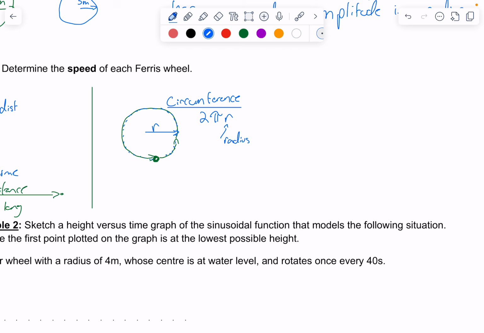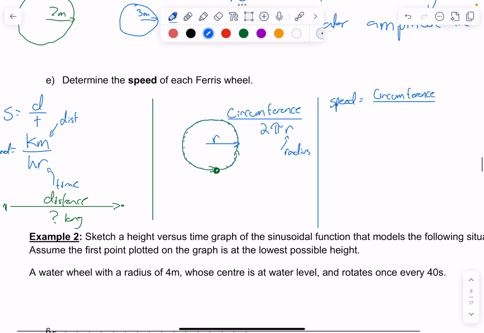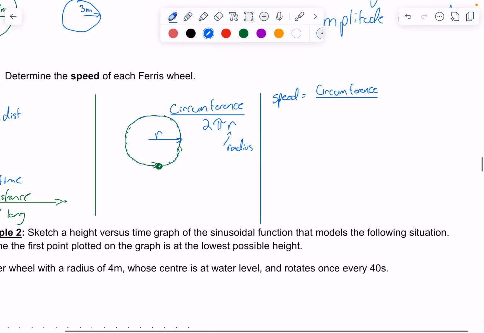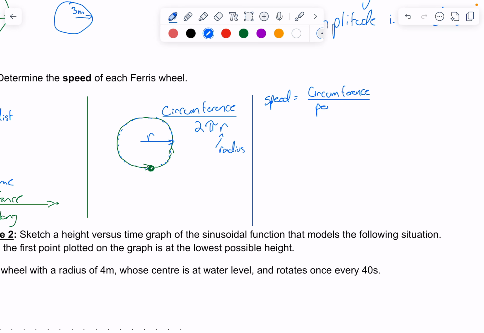So in these problems, when you are calculating speed, speed is the circumference divided by time. And the time is saying, how long does it take you to do one revolution? So divided by your period. So the speed, S, is 2 pi r divided by p, whatever p is, right?